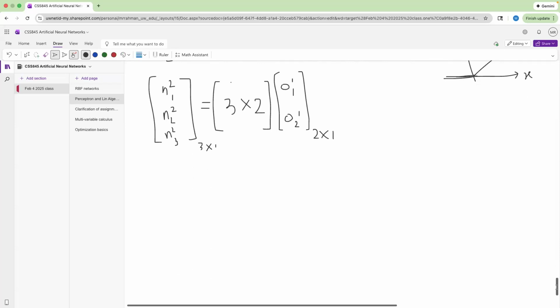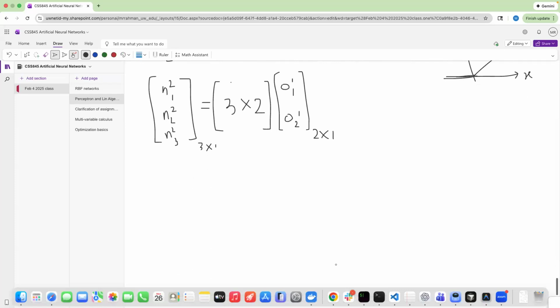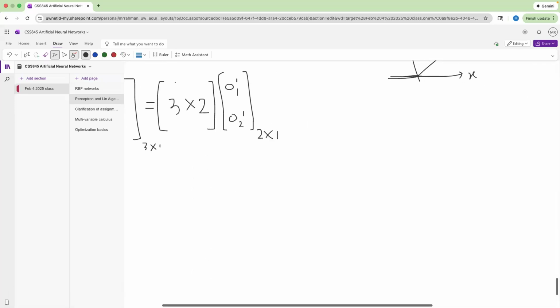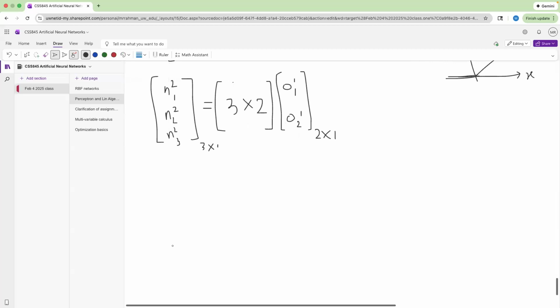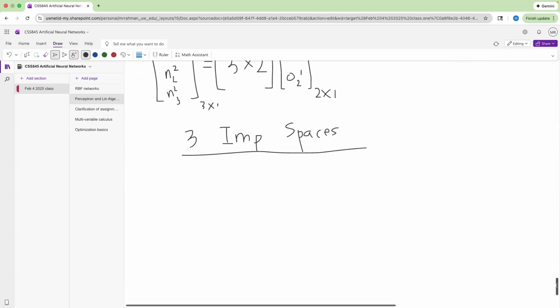Okay, so we will also look at some additional linear algebra basics next class. I just want to end today by talking about three important spaces in machine learning and neural networks in general that we should all be familiar with. We've been talking about these spaces without defining them, so I just want to make sure that we are on the same page, right?